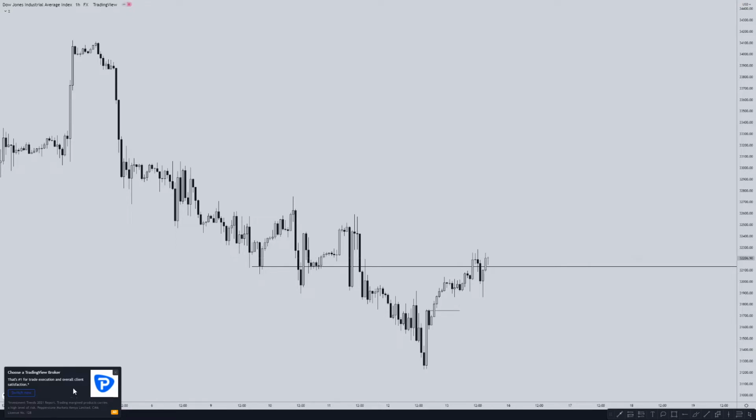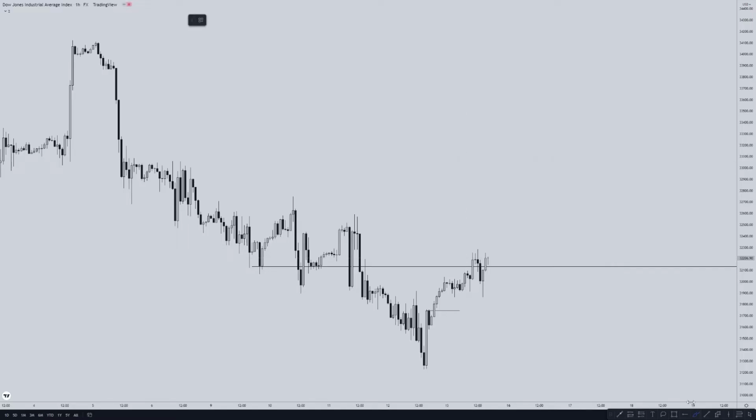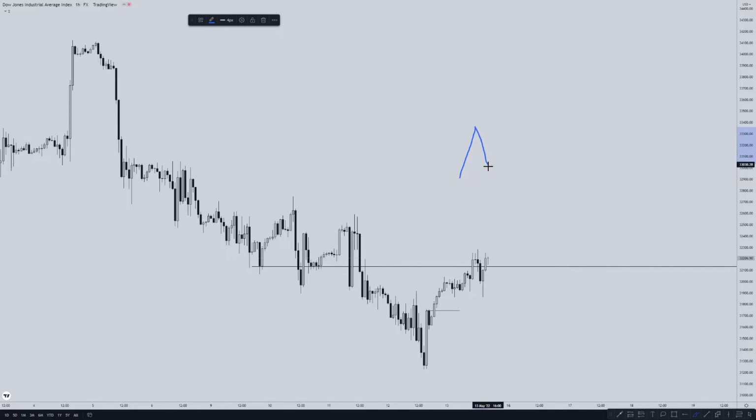I know so many people, for example, when we talk about the SNR, the SNR is something like this, where the market is pushing. Let me make it big, and try to change the color, maybe blue. Let's say the market is going to the upside like this, then the market comes down and goes to the upside.